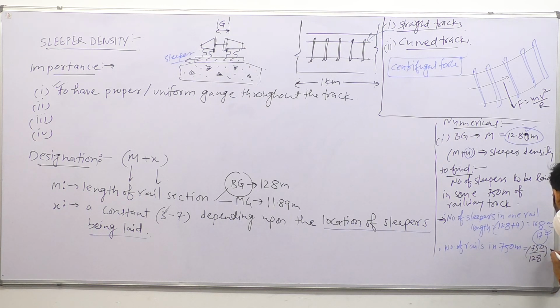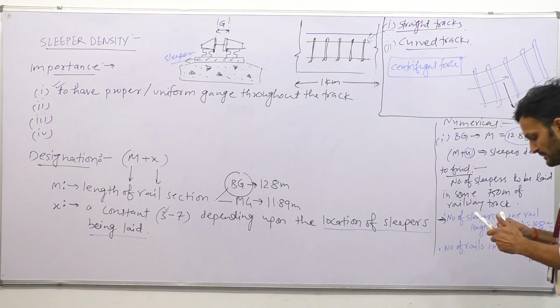This will give you a number, say P, which is the number of rails in the given stretch of railway track. And if you have the number of rails and the number of sleepers in one rail length, which is 17, you can get the number of sleepers by multiplying the two.